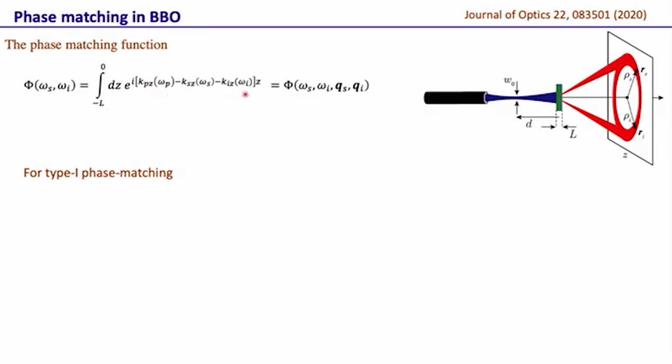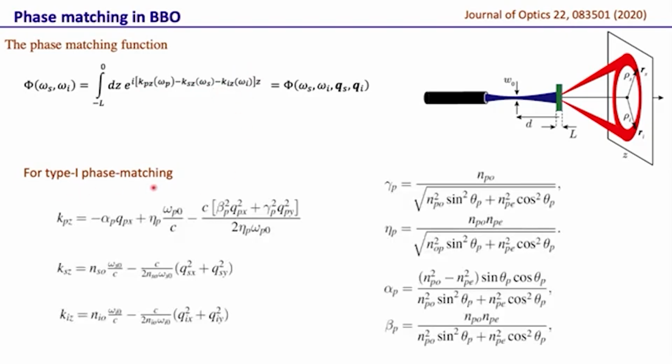Although it's a very simple expression here, Kpz minus Ksz minus Kiz, for type 1 phase matching we see that this Kpz is given by this kind of an expression. I actually don't want to go through the details of it. If somebody is interested, you could look up this reference. But the point is, this Kpz is quite a complicated expression that depends on so many parameters.